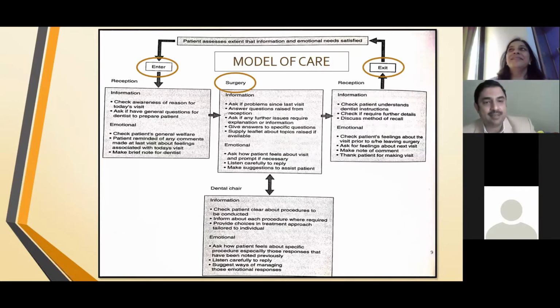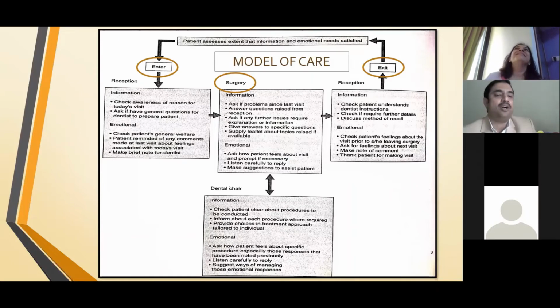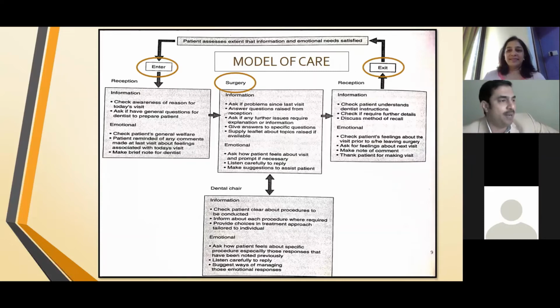Now, compare this with a patient who you have not offered any support, okay? Just imagine role playing. You want extraction? Okay, extraction, sit, LA, extraction, bite on this, don't eat, drink, and so on. Payment, out. So no emotional support, no emotion.